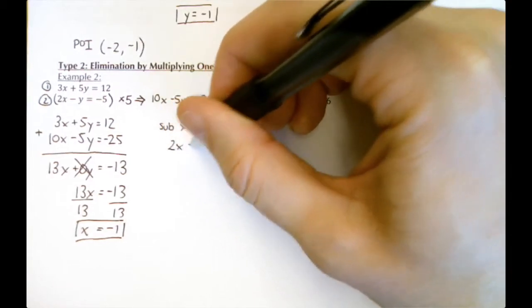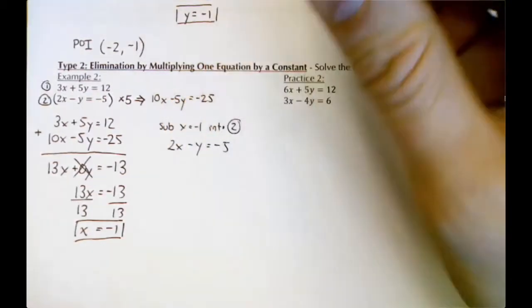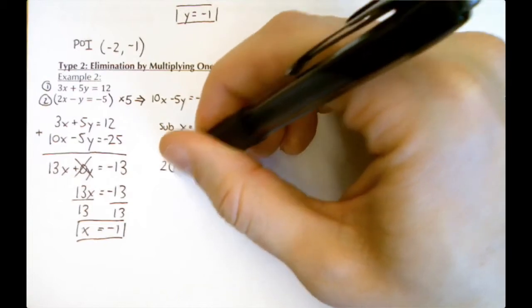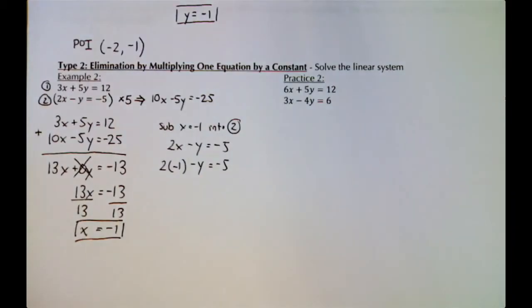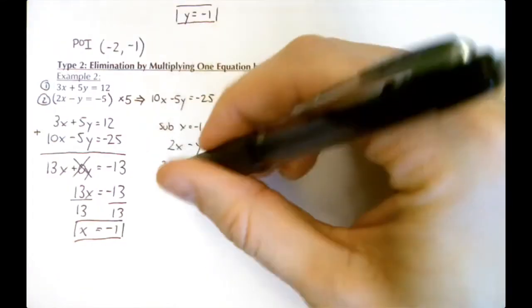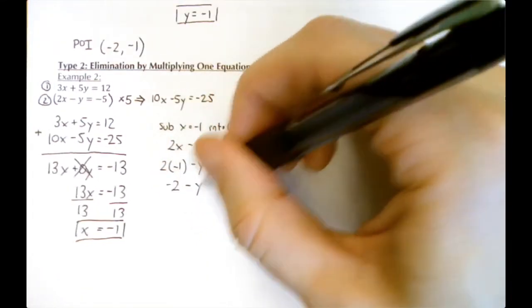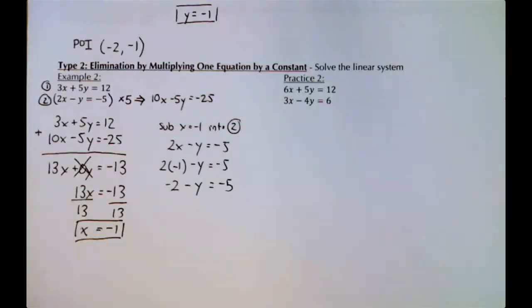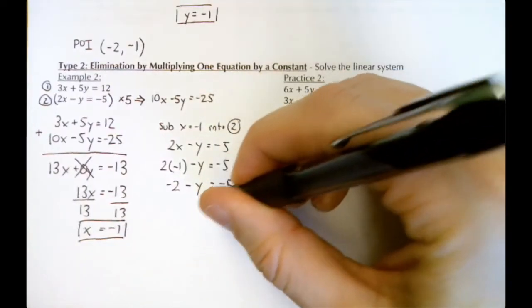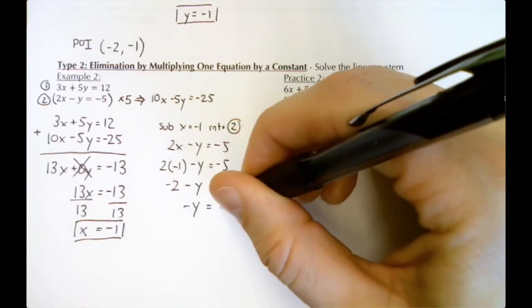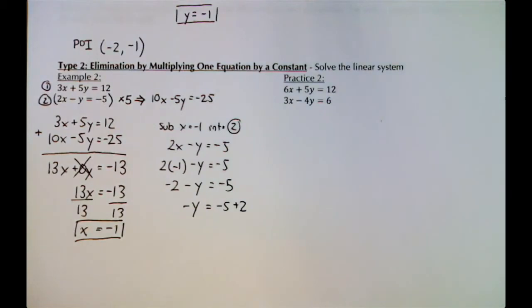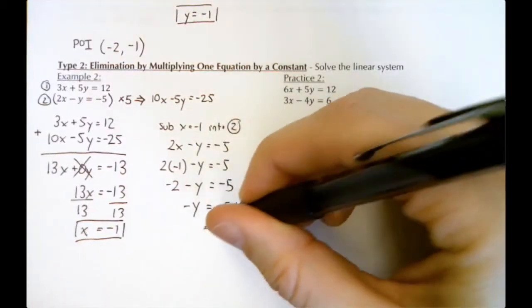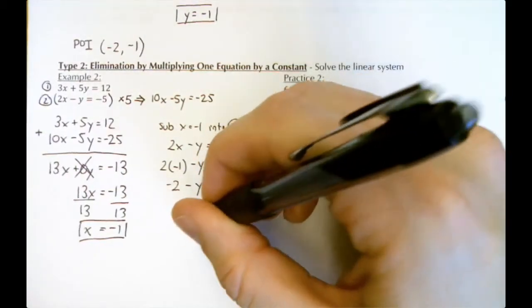Equation 2 is 2x minus y equals -5. X is -1. A little bit of multiplication. 2 times -1 is -2. Now we want to isolate for y, so we add 2 to both sides. -5 plus 2 is -3, which equals -y.